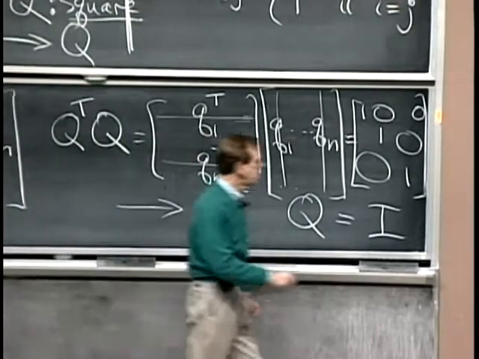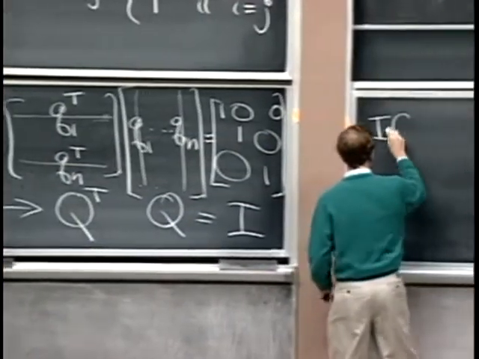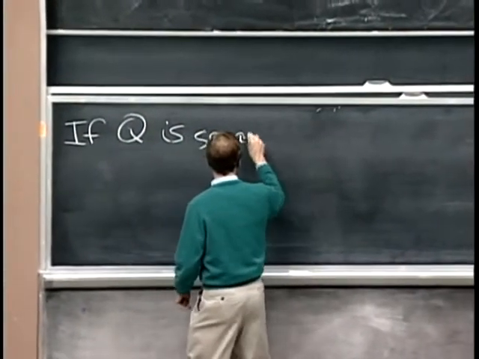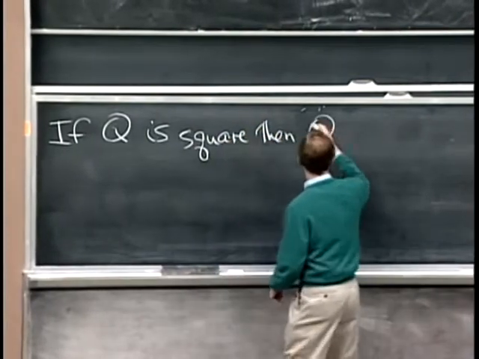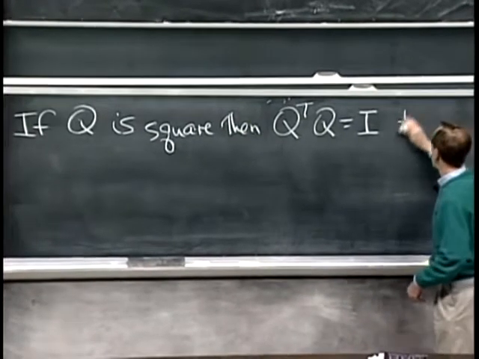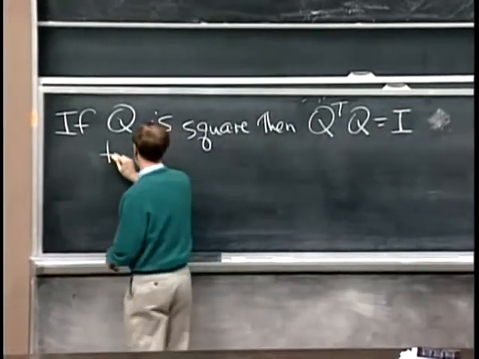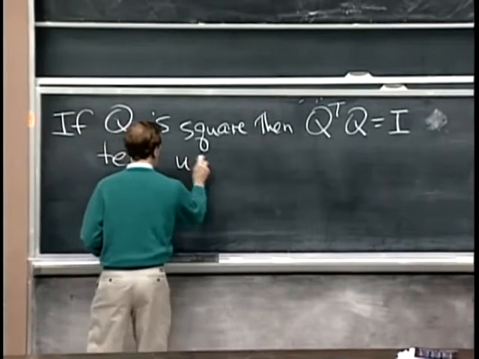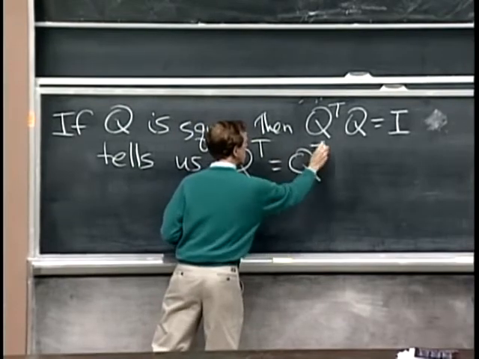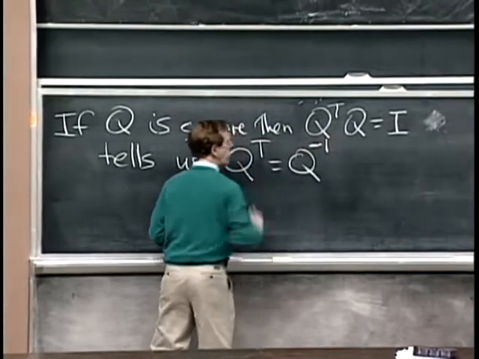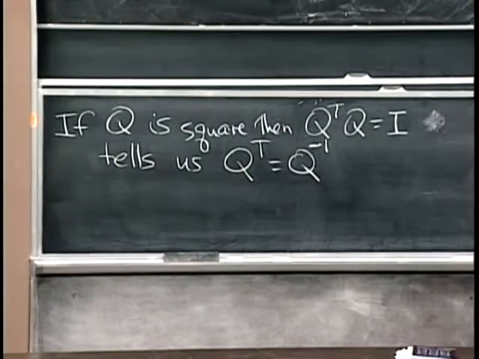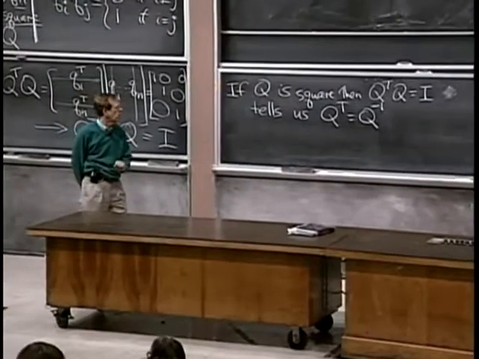So if Q is square, then Q transpose Q equals I tells us that Q transpose is Q inverse. There we have the easy to remember property for a square matrix with orthonormal columns.